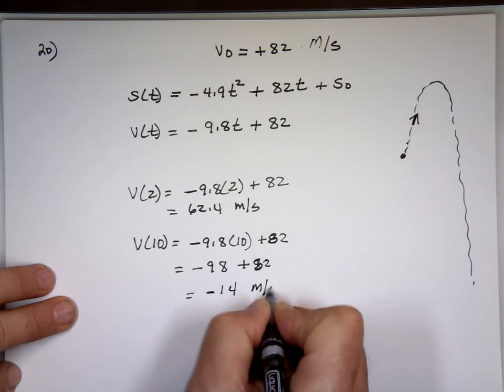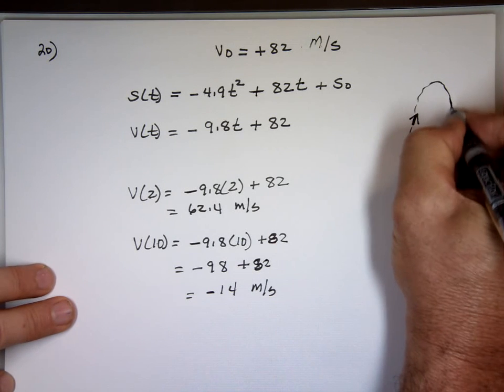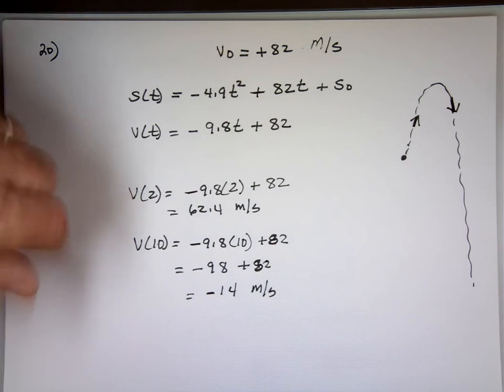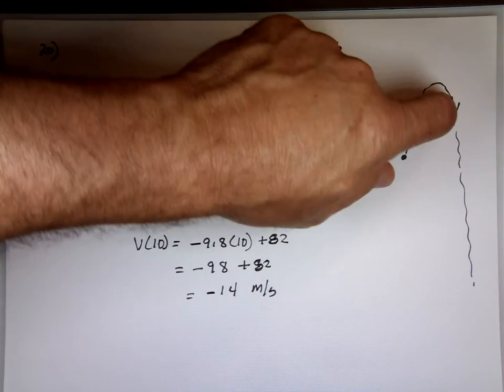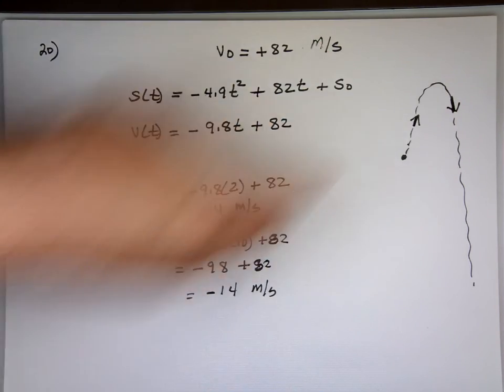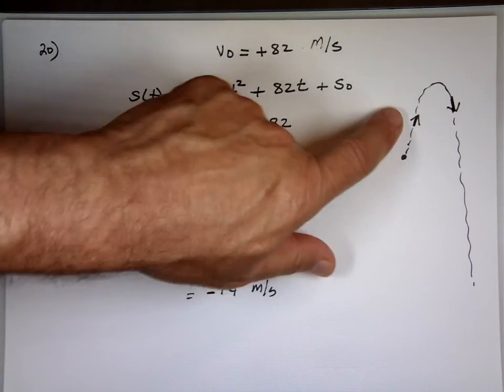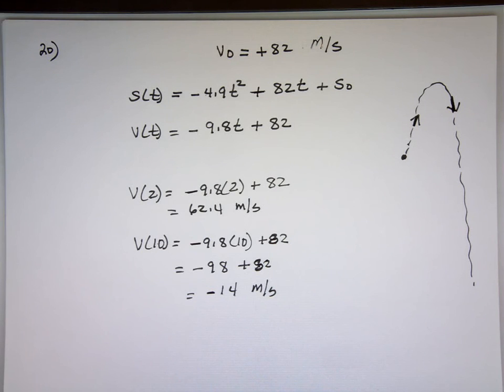It's negative because it's right here. It reached the peak value, now it's coming down. So that's why the velocity is negative after 10 seconds. The velocity is positive when it's going up, and negative when it's coming down. But the velocity is always the derivative of the distance, and the acceleration is always the derivative of the velocity.